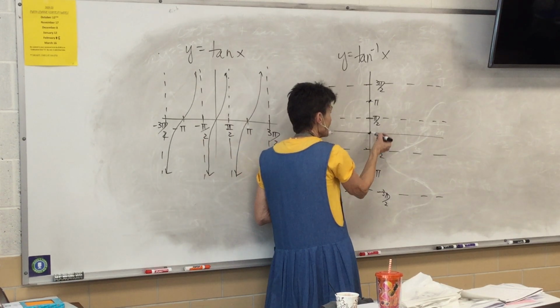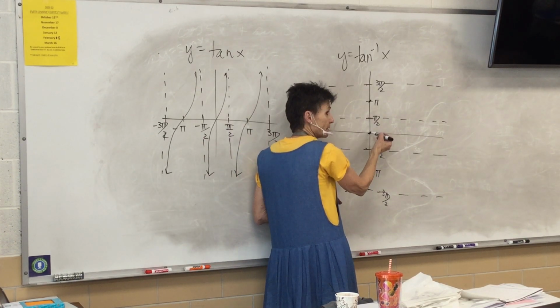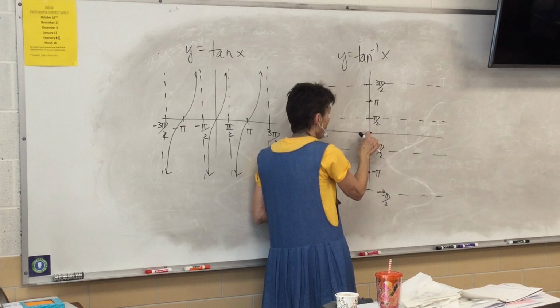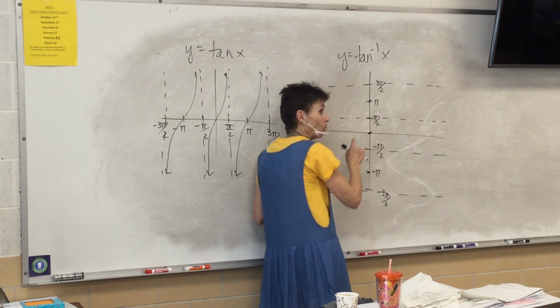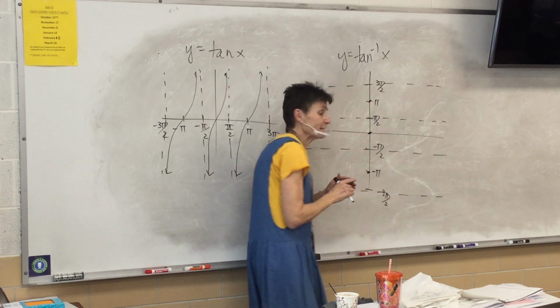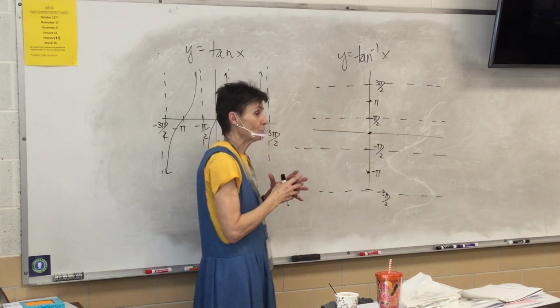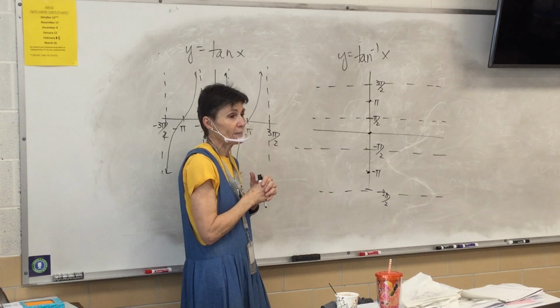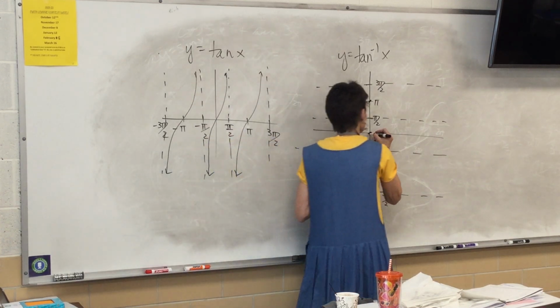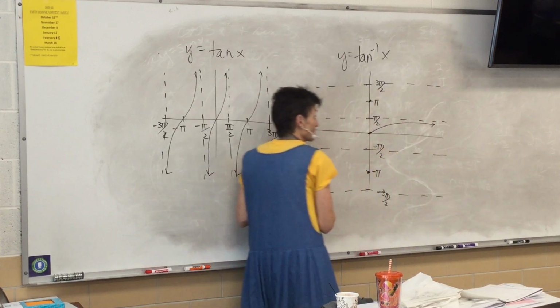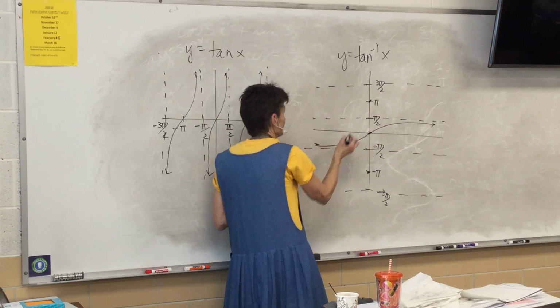These angles right here are between 0 and 90, right? What kind of tangent value do angles between 0 and 90 have? Positive or negative? Positive. It's got to be up here, guys. These are going to be negative.